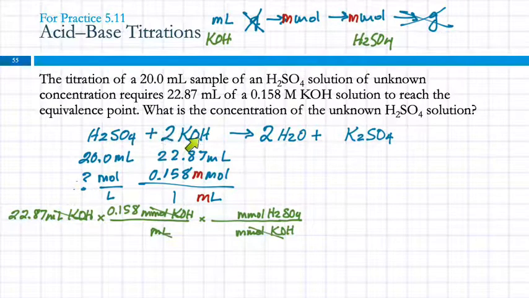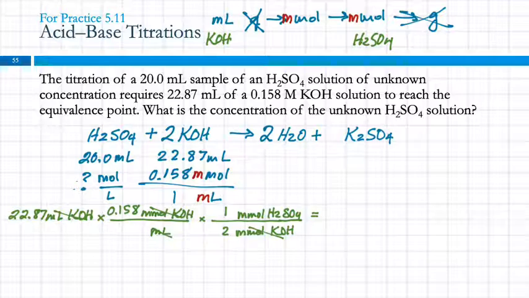The mole ratio, I've got 1 mole of sulfuric acid to 2 moles of potassium hydroxide. That's the same as 1 millimole of H2SO4 to 2 millimoles of KOH. If you don't like millimoles, you can convert to liters and do it that way.